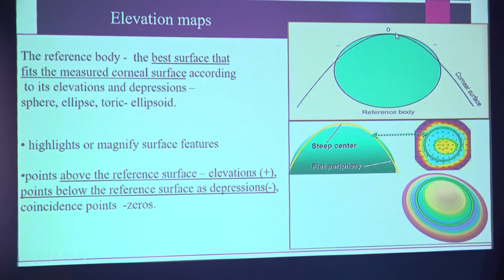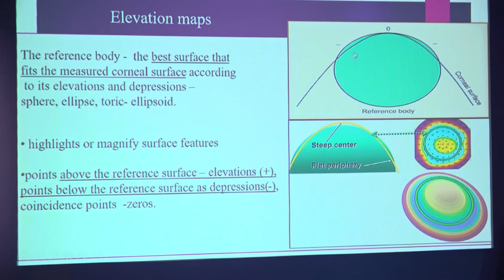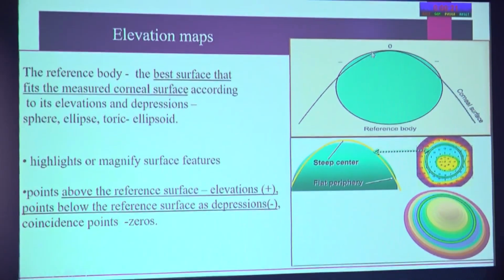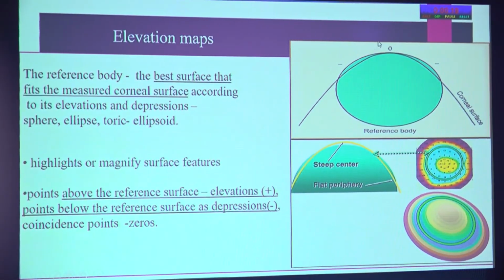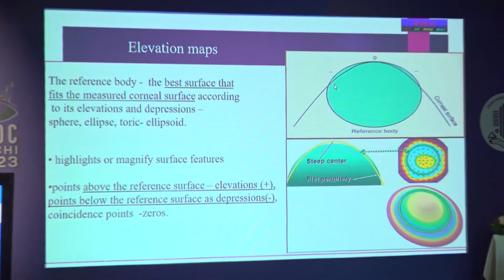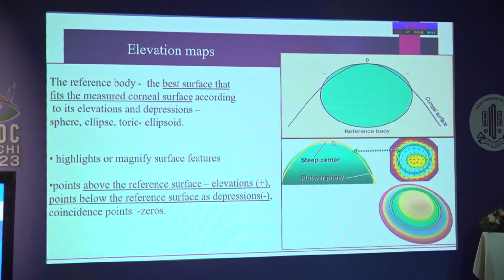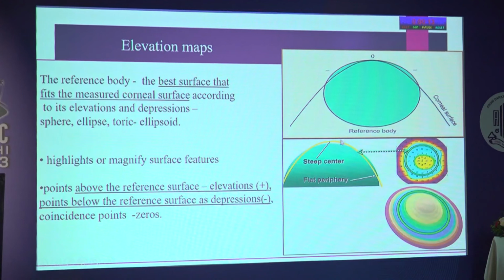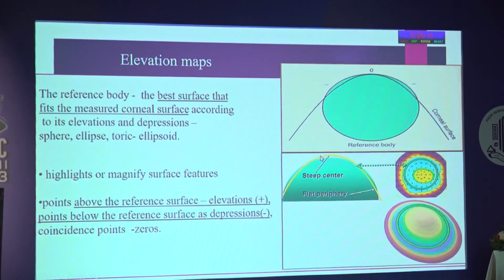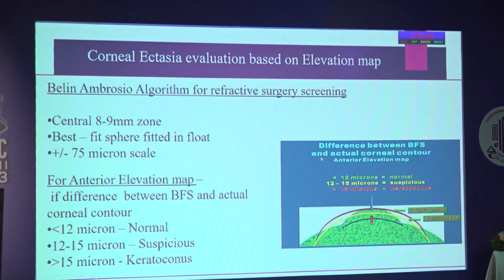So this will be point 0. Any portion of the cornea which is below this reference body would be denoted as minus, and the portion which is above this reference body will be denoted with a plus sign. That is how things work.